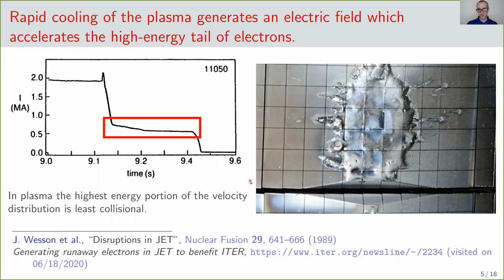And one can imagine with these high energy electrons, there's potential for damage. They can act basically like an arc welder, and we can see here's an example of actual damage to a beryllium tile from a runaway electron beam that was intentionally generated on the JET device.